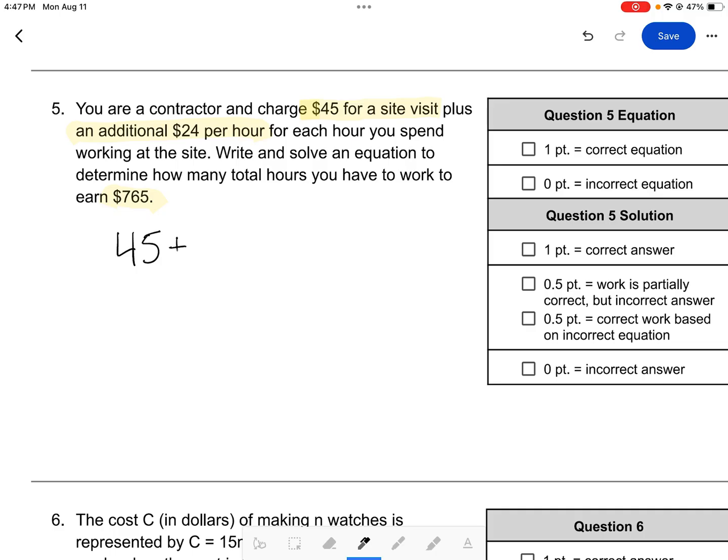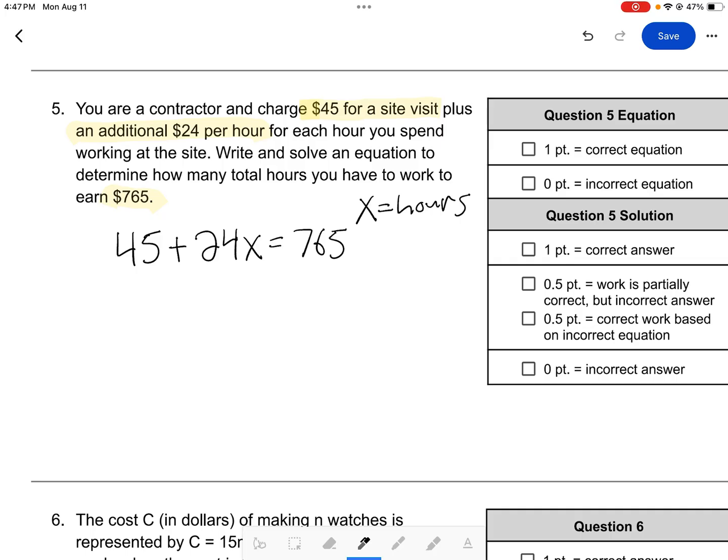And then it says plus, so we're going to add $24 per hour. So that's going to be 24x. X is going to represent our number of hours. We need to solve an equation to determine the total number of hours you have to work to earn $765. So I'm going to set this equal to 765.